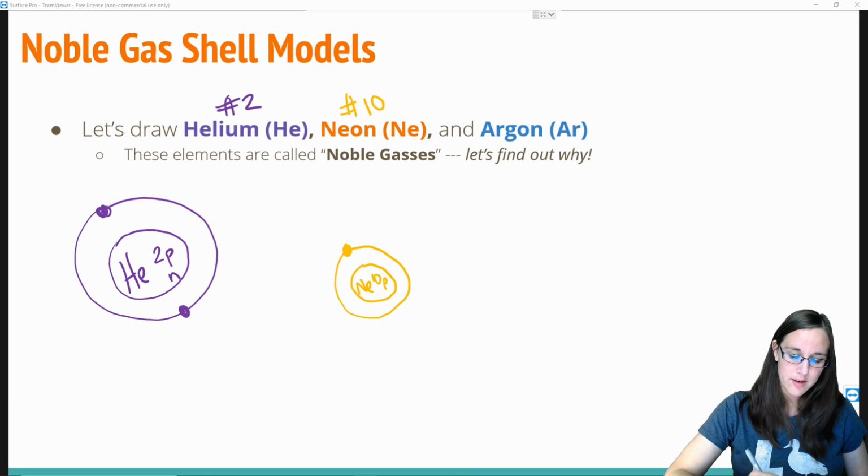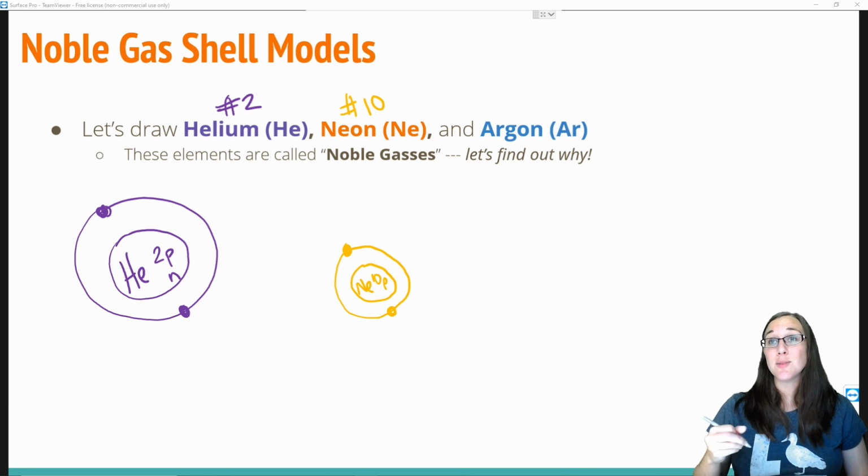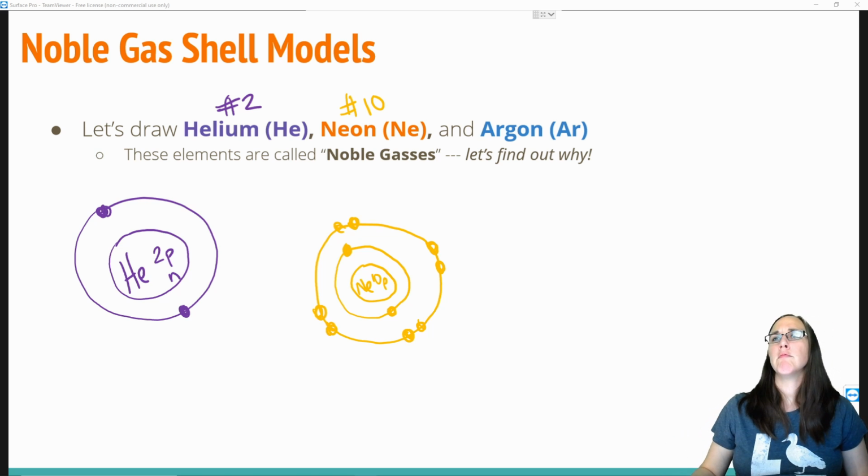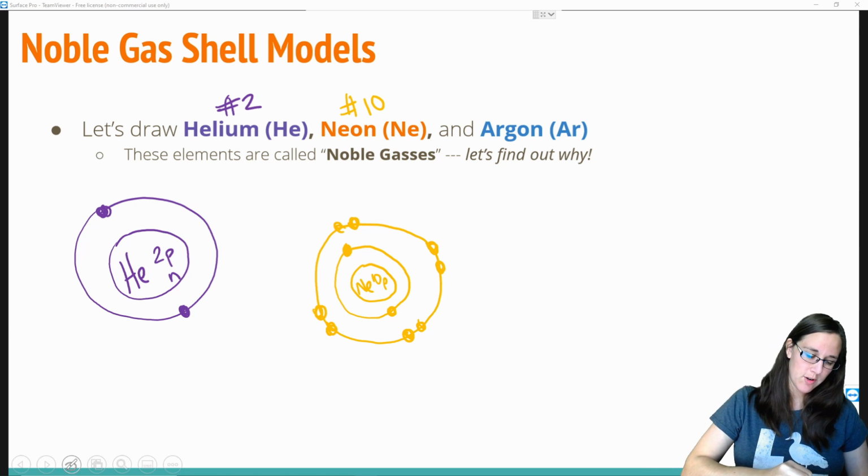So 1, 2. Now we need to move on to our second shell to fit the other 8. 1, 2, 3, 4, 5, 6, 7, 8. Interesting. Let's draw the last one first before we make any conclusions here.